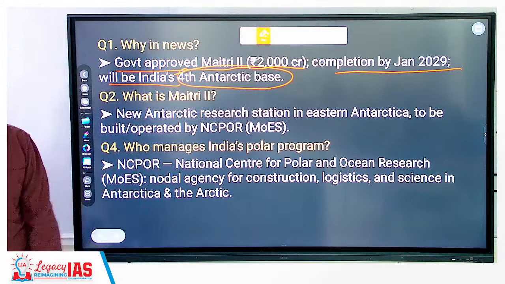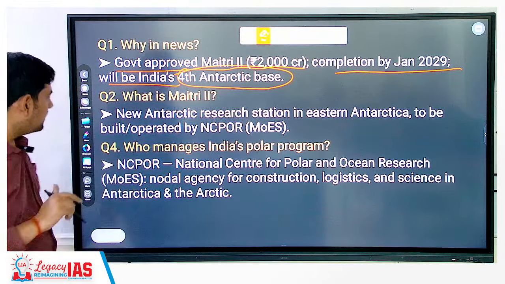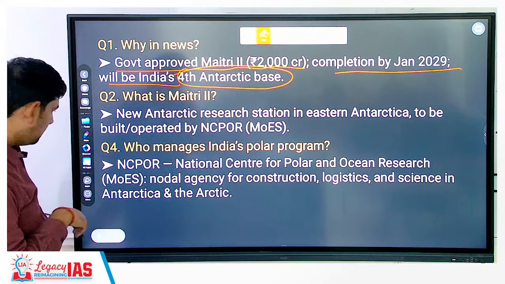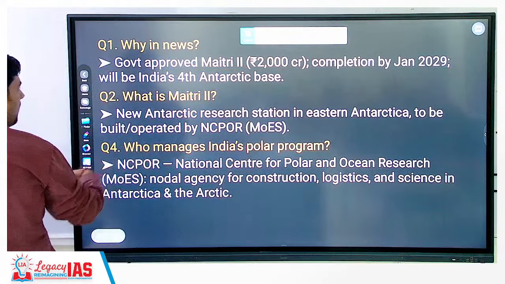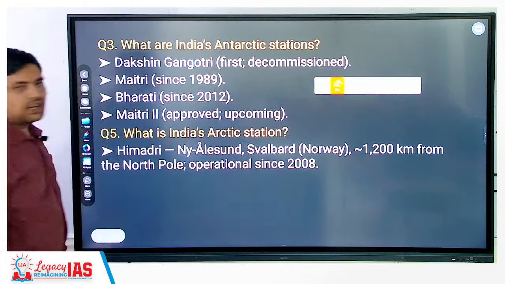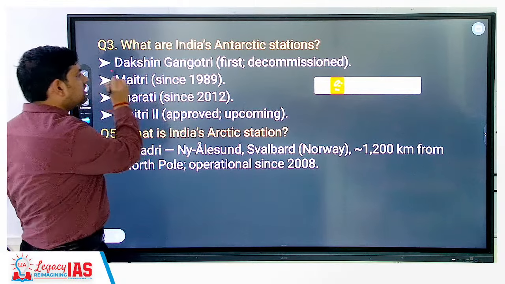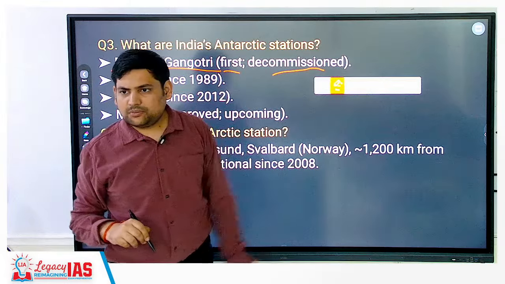Now the most important thing in this topic is to remember all the bases. So first one was, what are India's Antarctic stations? First one was Dakshin Gangotri. This was the first one. Eventually it got decommissioned.